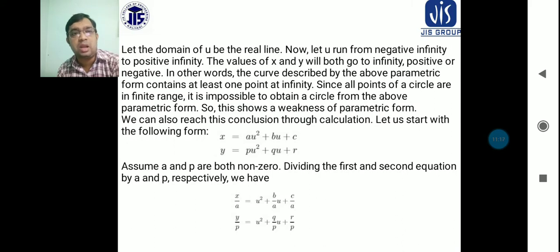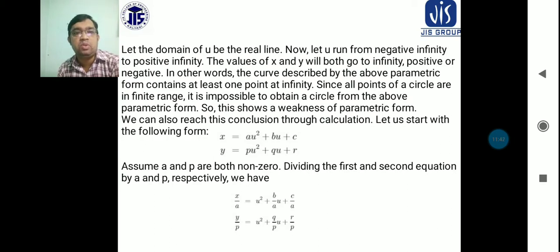For the calculations, let us start with the following forms: x equals au square plus bu plus c, and y equals pu square plus qu plus r. Assume a and p are both non-zero.